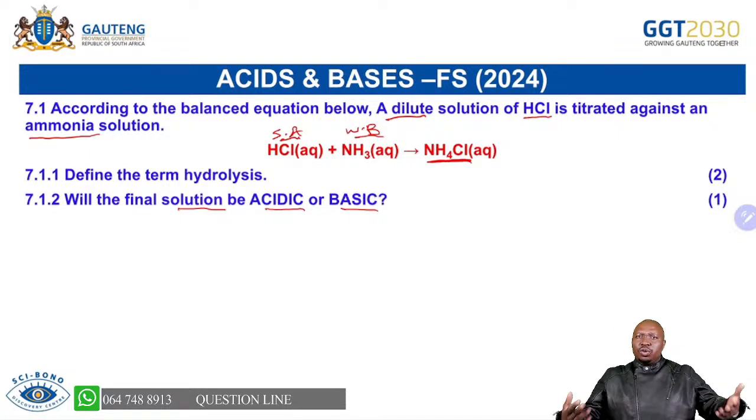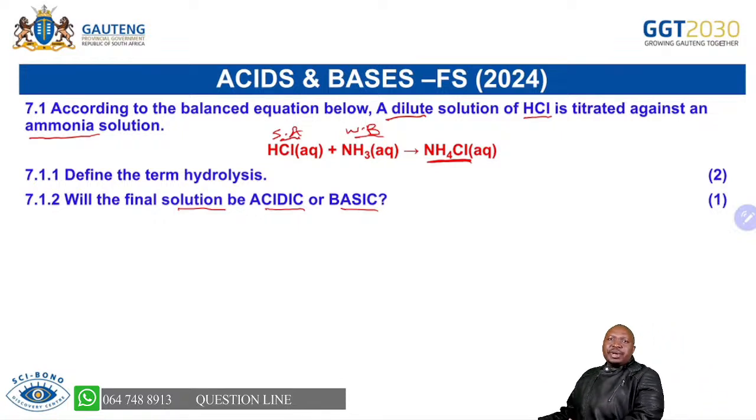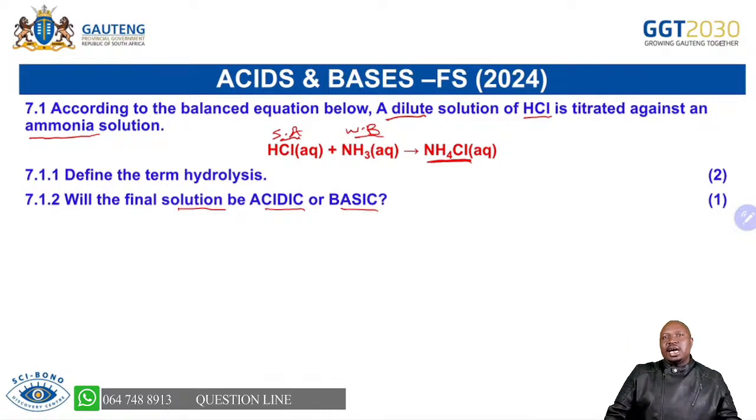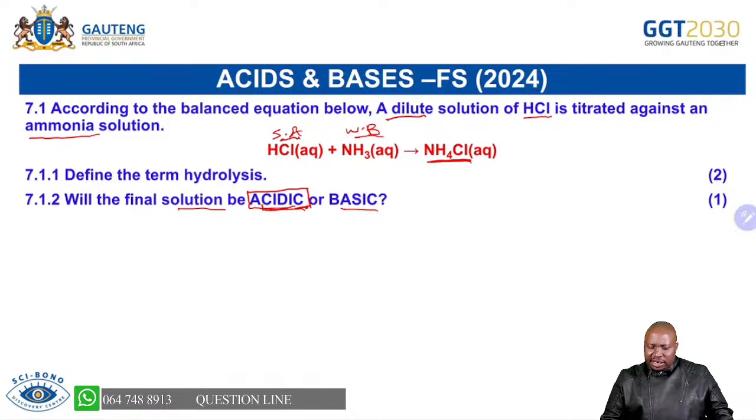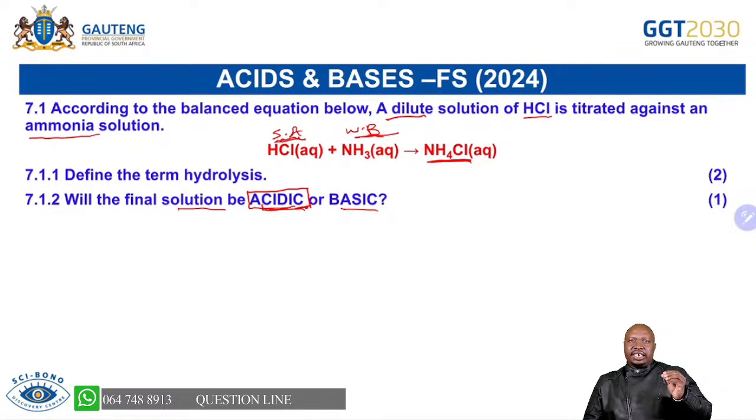The stronger one will always win. So if you're having a strong acid reacting with a weak base, obviously you are saying that now the strong acid will win, meaning that it is acidic. And the question is why? Why will it be acidic? It will be acidic because we are reacting a strong acid with a weak base. You see, always have that in mind, and it will help you to collect those marks.